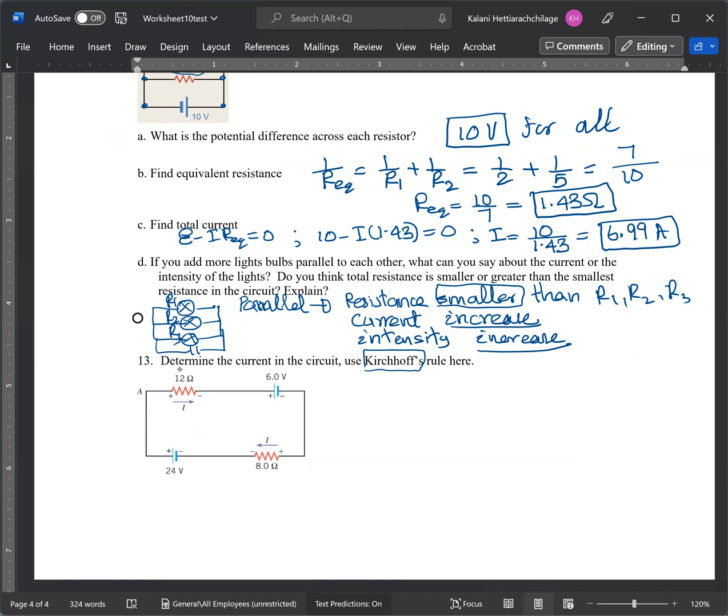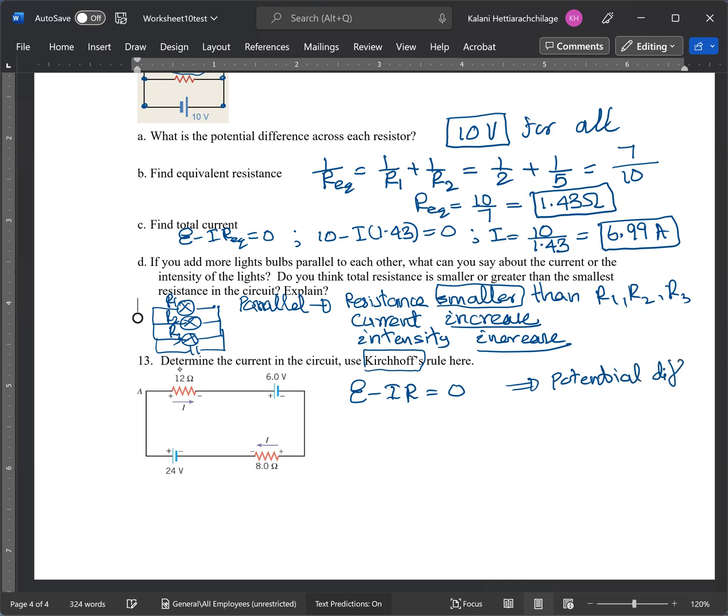So Kirchhoff rule has some important things. If you see the formula that you have used earlier, epsilon minus IR equals 0, that is one rule called the potential difference rule.